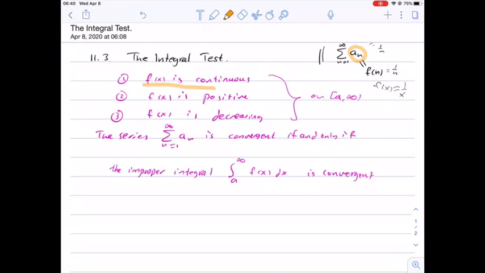So f of x is continuous, f of x is positive, and f of x is decreasing on some interval a to infinity. And in most cases, a is 1. So 1 to infinity. But if these conditions are satisfied, for example, for values of x that are greater than 3, then we write 3 to infinity, and so on.